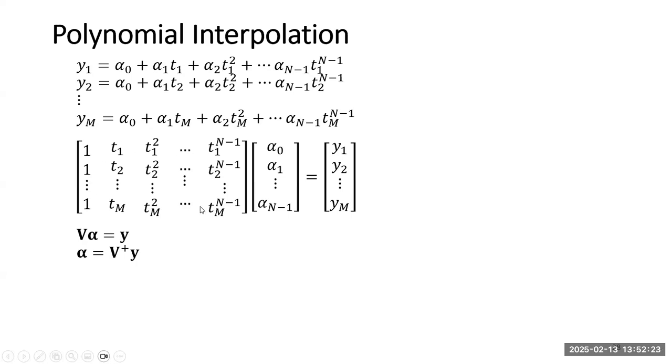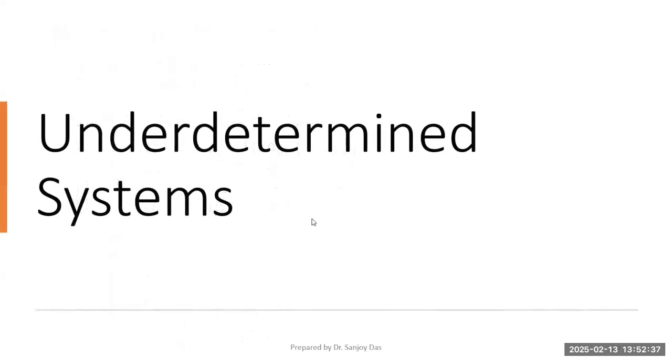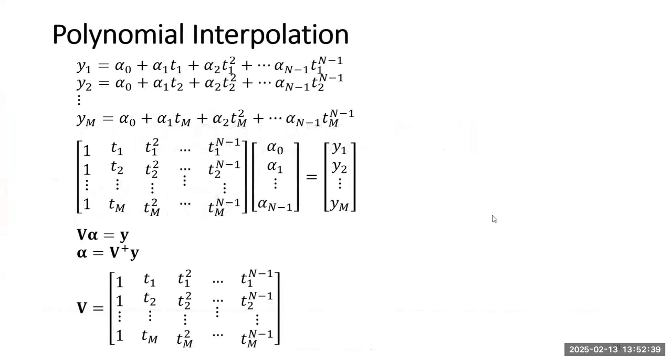It need not be time, it can be something else too. And alpha equals V pseudo inverse Y. So this gives you one of the possible situations where you would come across overdetermined systems.